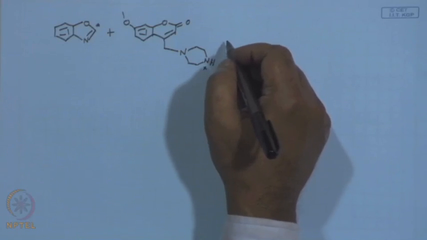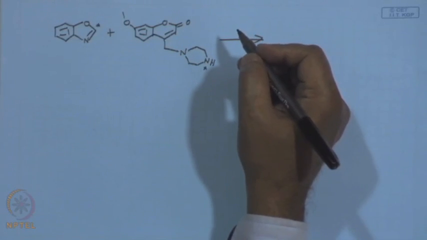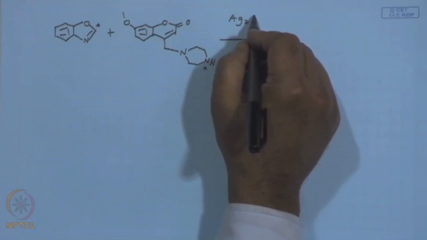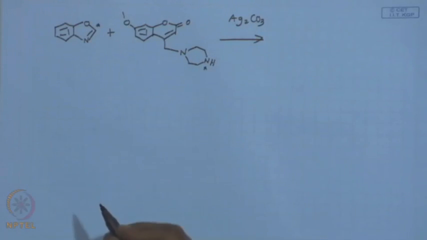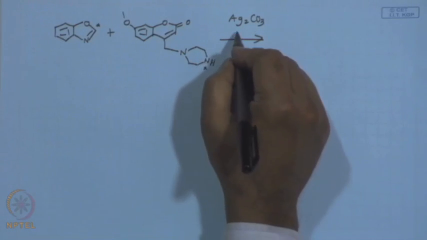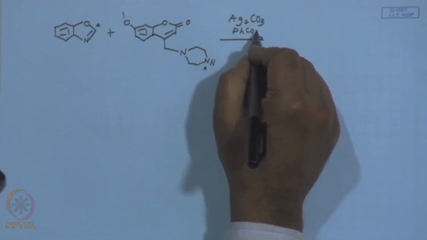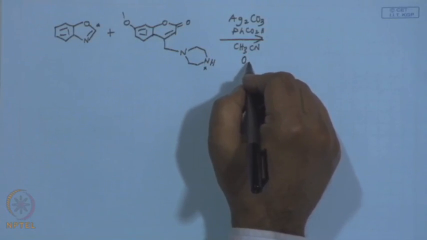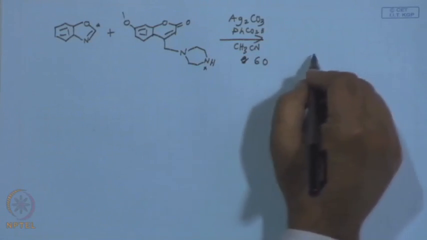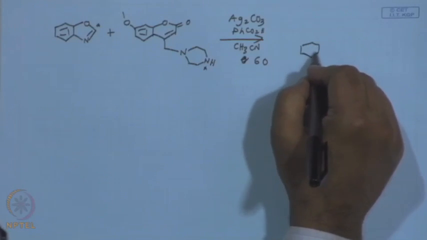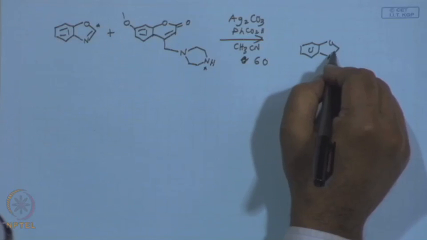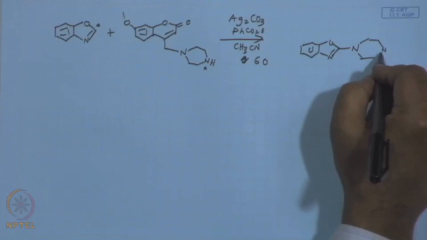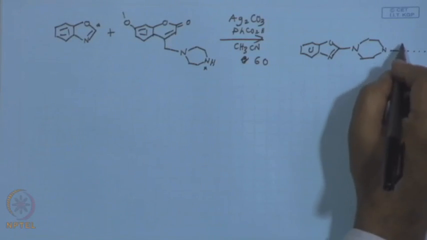And in this case, what they have done is use silver carbonate and benzoic acid, then acetonitrile at 60 degrees, and the product, as is obvious now, is this direct amination, and then you can write the rest of it.